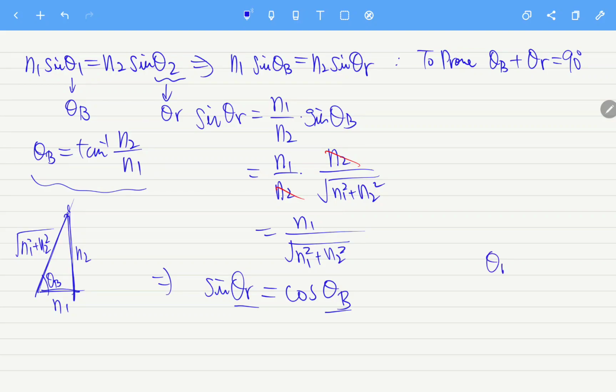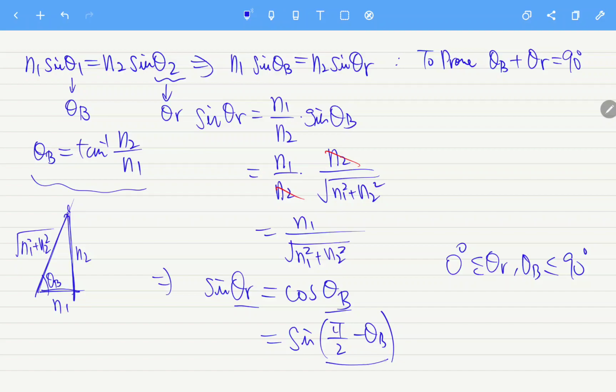And of course, theta r and theta b are between 90 degrees and 0 degrees. So we can convert it: cosine of theta b is actually sine of pi over 2 minus theta b. Both of them are between 0 and 90 degrees, which means that the argument should be the same.